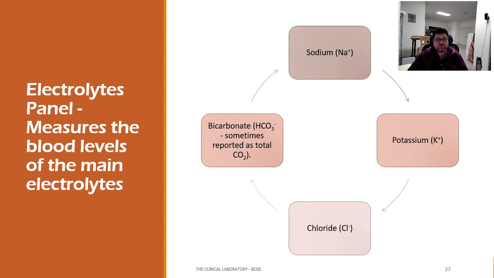This slide shows you the major components of an electrolyte panel, which includes sodium, potassium, chloride, bicarbonate, and so on. Typically, when bicarbonate is reported, it also reports carbon dioxide values, as you will learn in physiology. Now, the electrolyte panel is one way to look at water content of the body. Water follows electrolytes, so sodium levels will also determine water levels in the body.